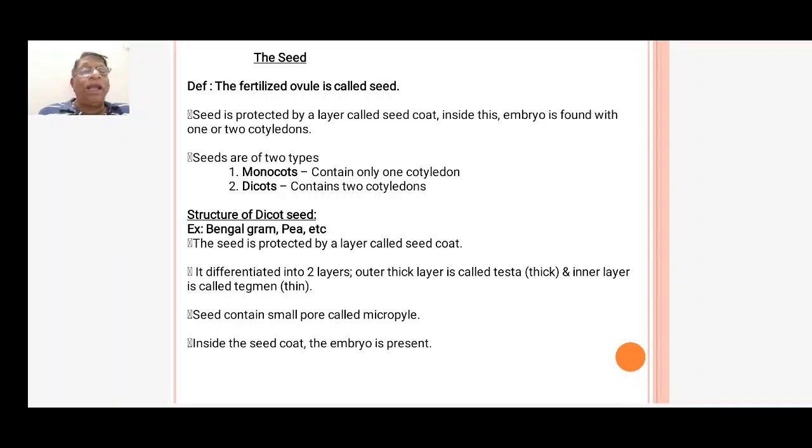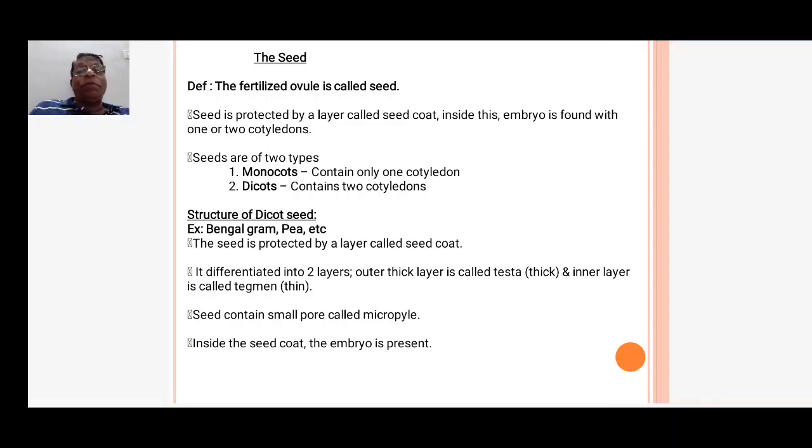The outer layer is thick, which is called testa, and the inner layer is thin, which is called tegmen. What are testa and tegmen? Nothing but the wall of the seed. Confuse ಆಗಬಾರ್ದು.